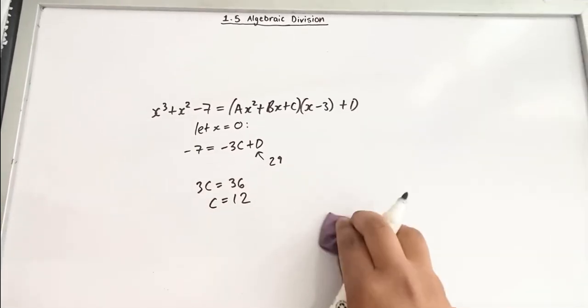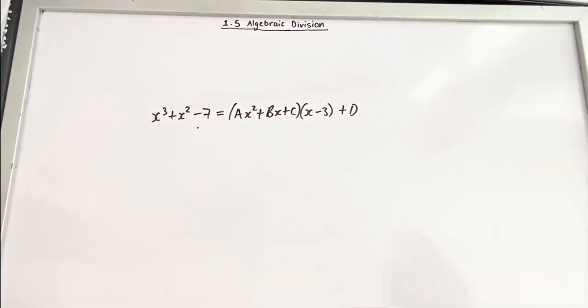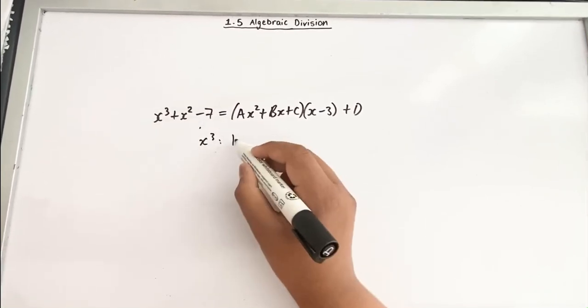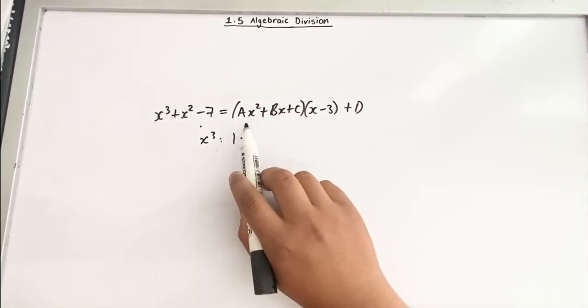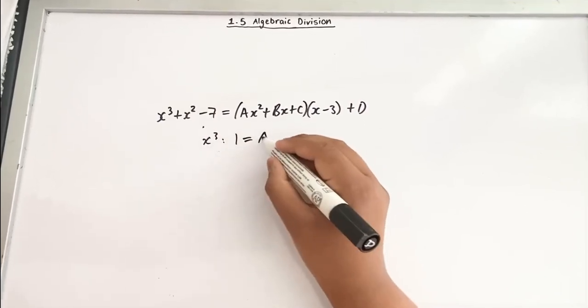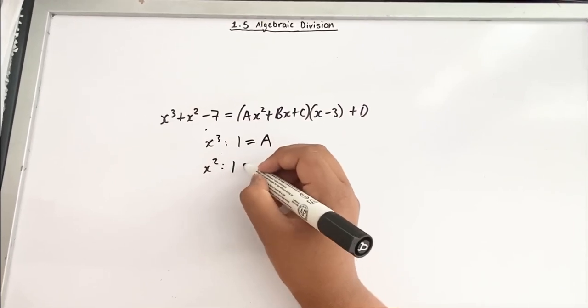Now, let's compare the coefficients for x cubed and x squared. For x cubed, the coefficient here is 1, and the coefficient when this is expanded will be ax squared times x, which is ax cubed. So the coefficient is just a. So a is 1. Now let's do x squared. Here, it's 1.